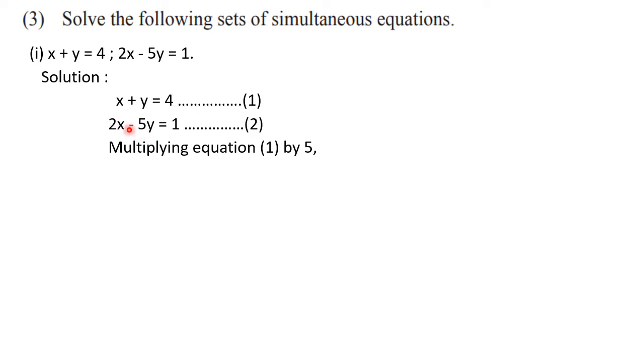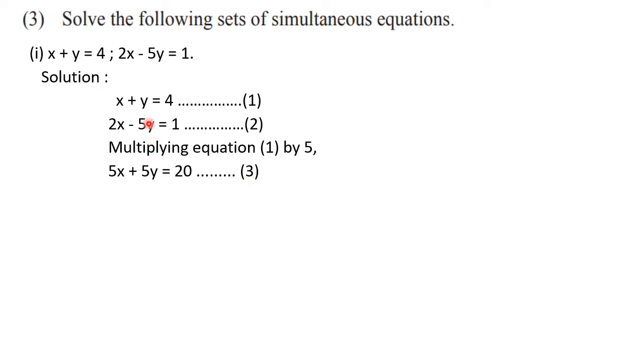So that is why I am equating the coefficient of y, that is here I want 5. So I am multiplying equation 1 by 5. So I will multiply everywhere. 5 into x is 5x, 5 into y is 5y, and 5 into 4 is 20. After multiplying equation 1 by 5, I got the new equation and I will number this as 3.